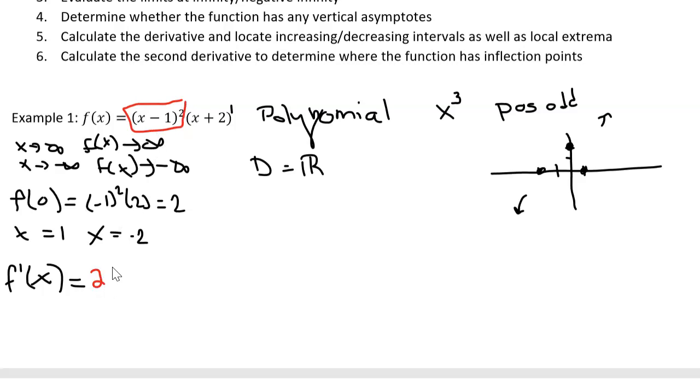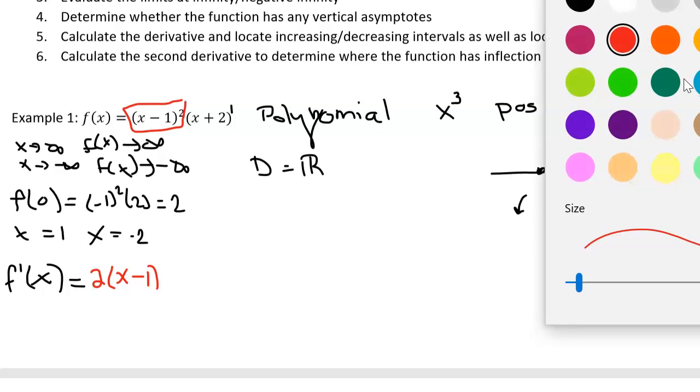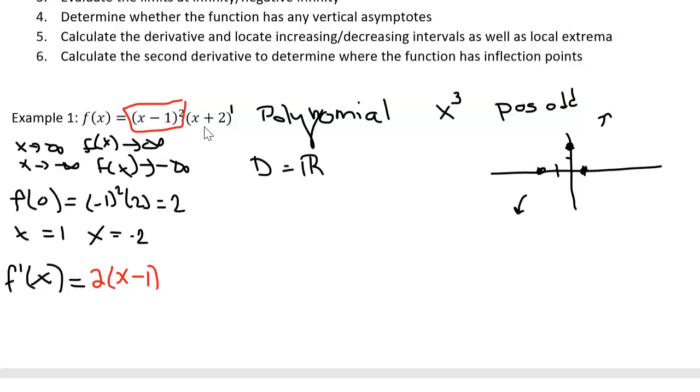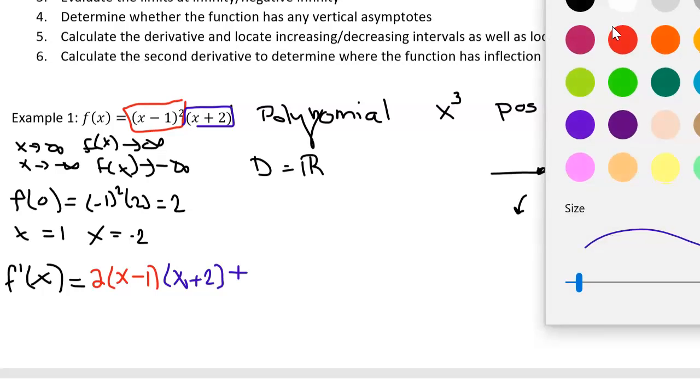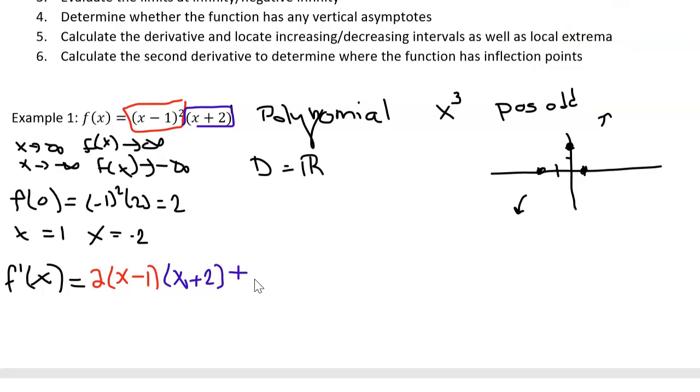We have 2(x minus 1), and then the derivative of the inside is just 1, so there'd be an additional times 1. And then that's going to be multiplied by the second function, x plus 2, plus the derivative of the second function, which is just 1, times the first function, unchanged.